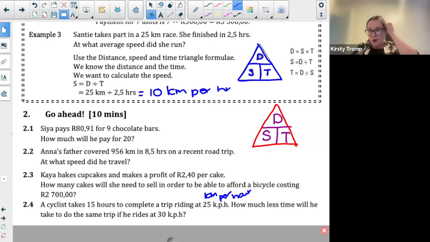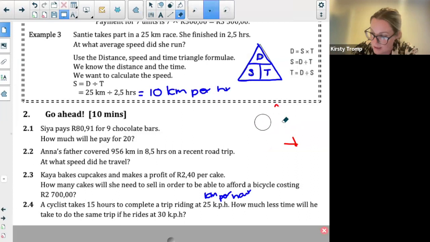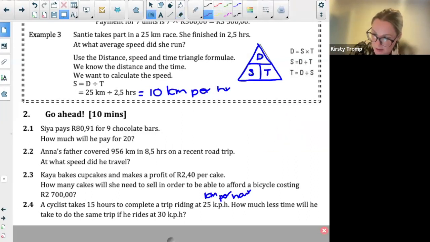All right, so Sia is paying 80 rand and 91 cents for 9 chocolate bars. How much did he pay for 20? I know that Lejo sent me an answer just now. So I'm going to use Lejo's one first because Lejo hasn't got their hand up, but they did send me the answer on the chat. Lejo said 80 rand and 91 cents was for 9 chocolate bars, and they divided it by 9.